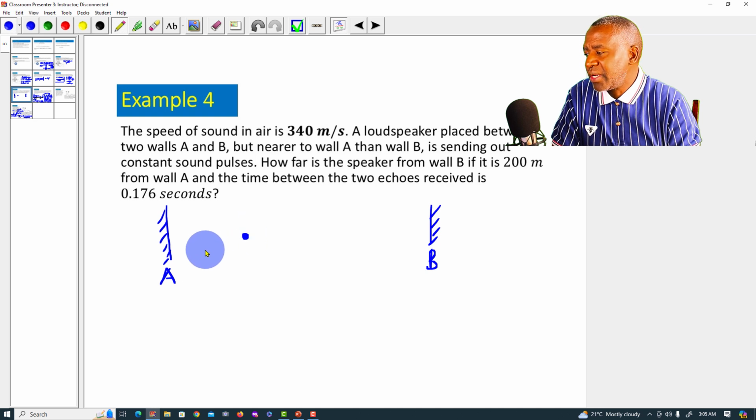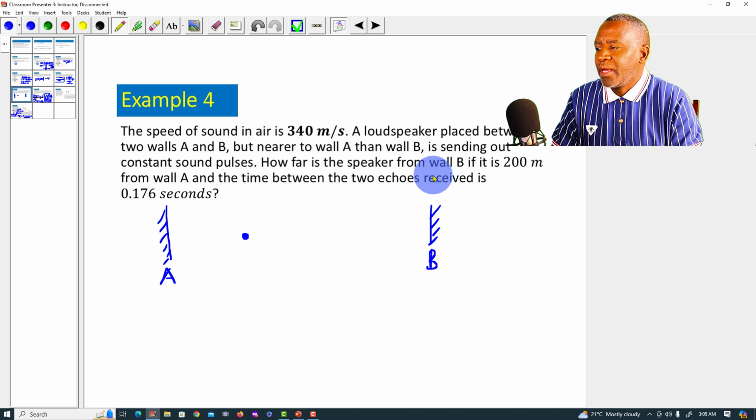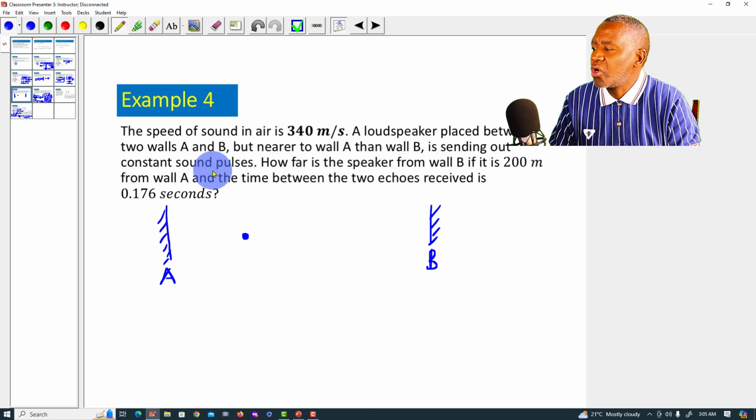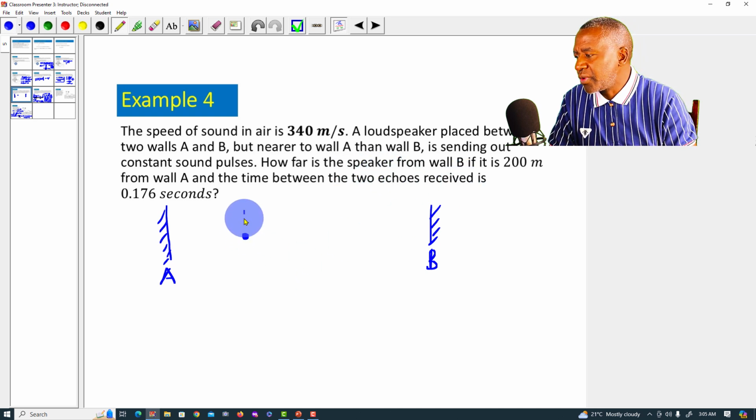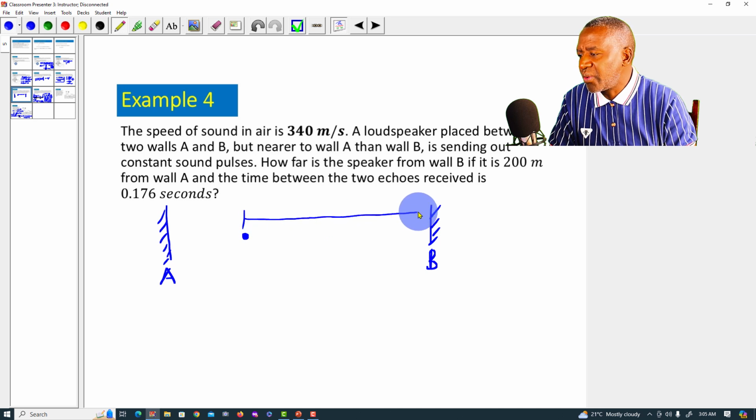It's sending out constant sound pulses. How far is the speaker from wall B? So we are going to say this is what we are looking for.